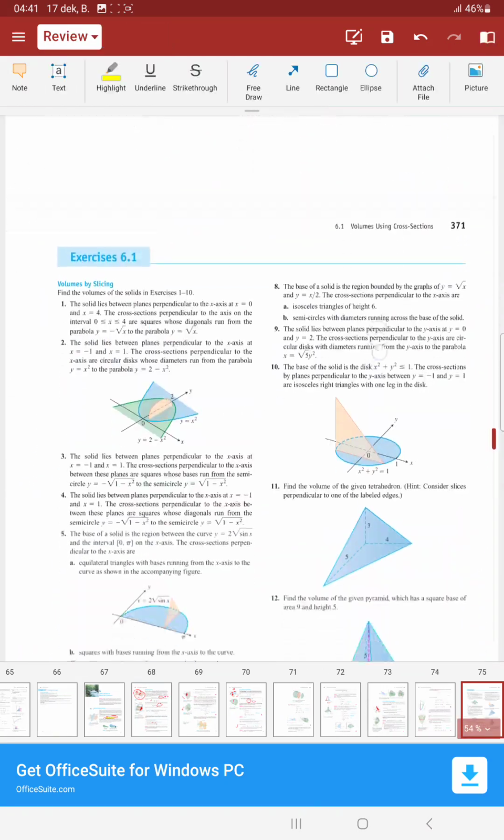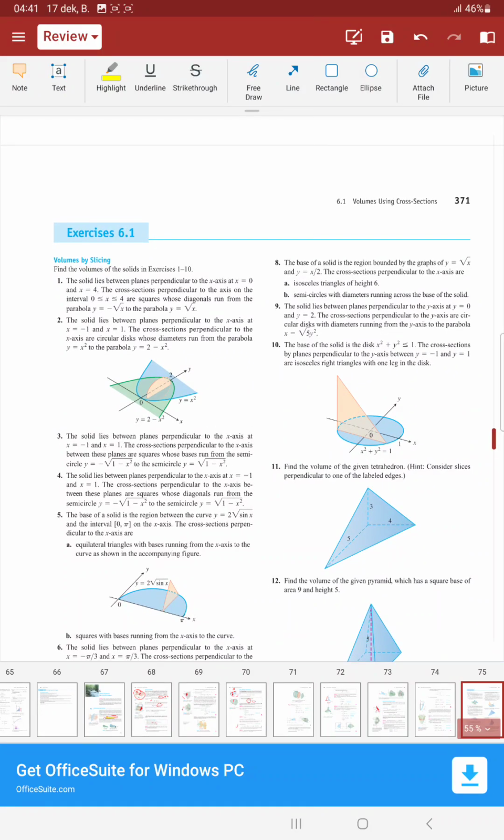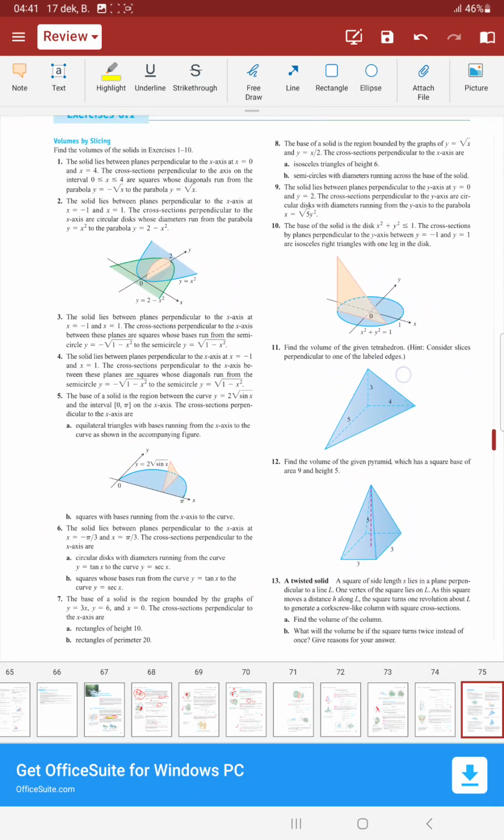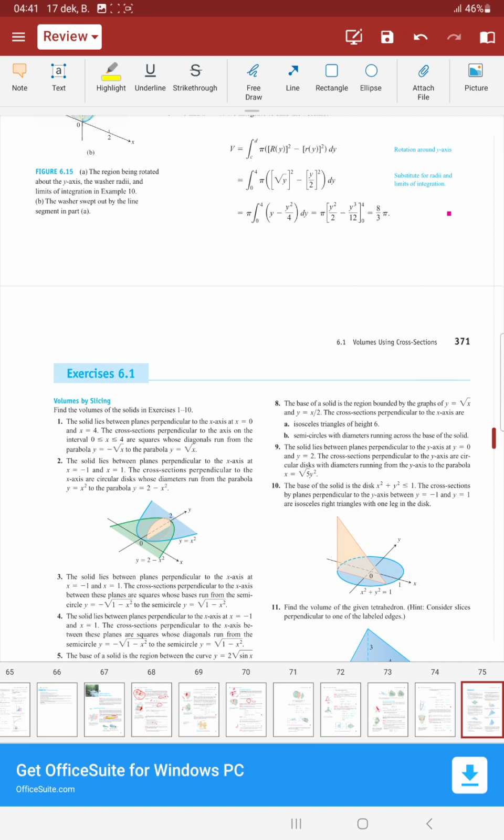Now I want to solve exercises. I think you specified some exercises for me to solve, but let me see, what were they? Okay, from 31 till 30.